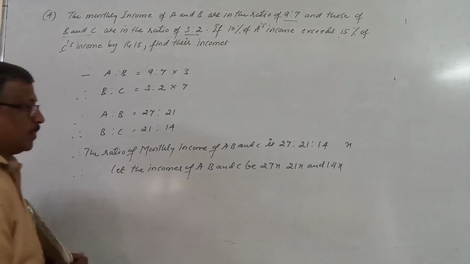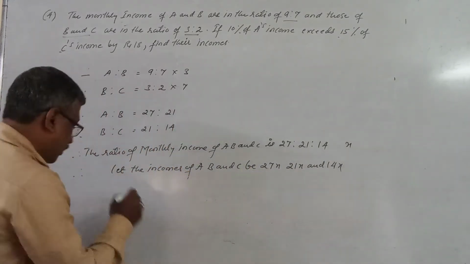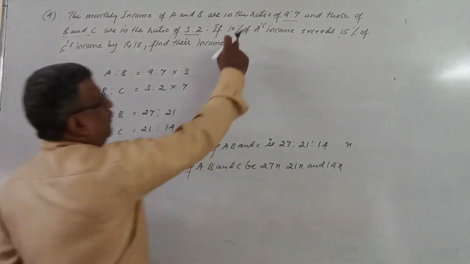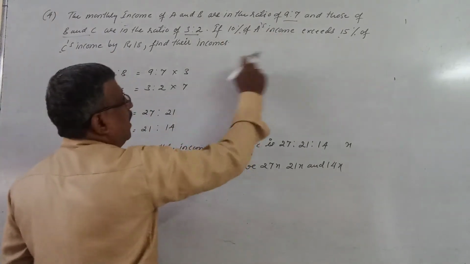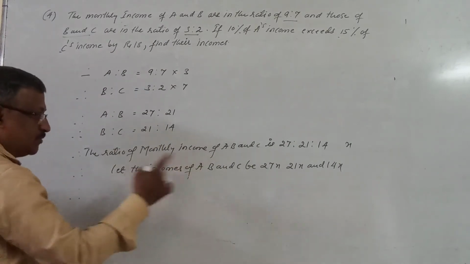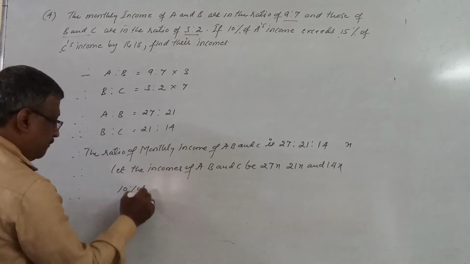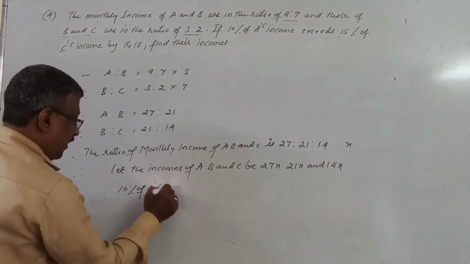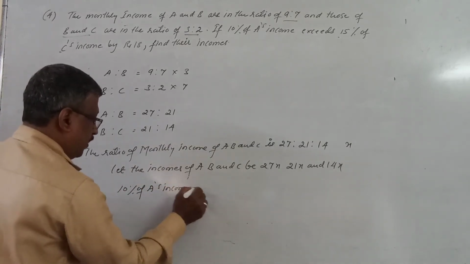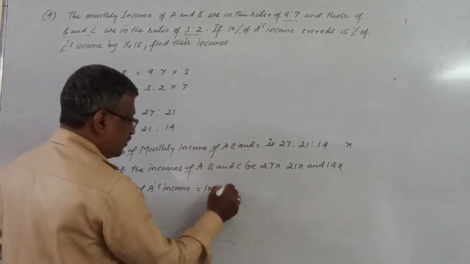Now we know the incomes of A, B and C. Now I can easily determine 10% of A's income and 15% of C's income. First you calculate 10% of A's income.